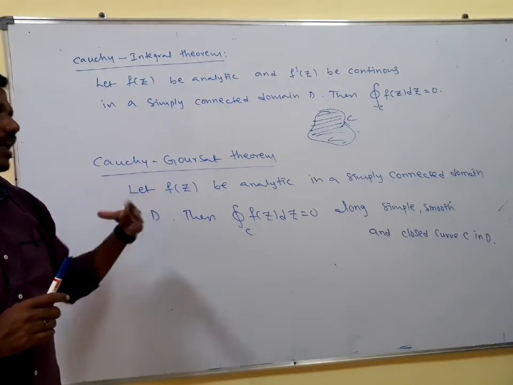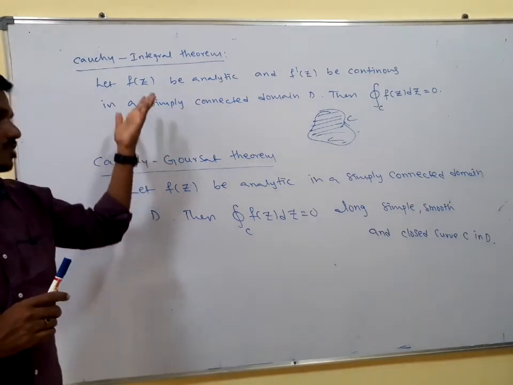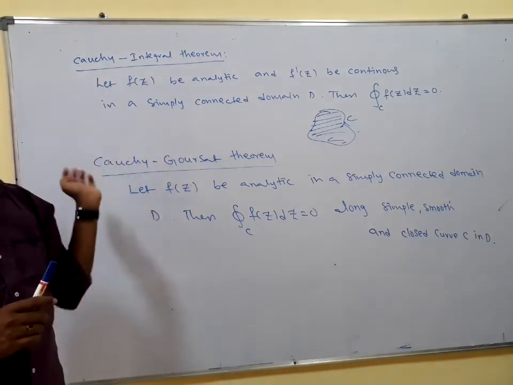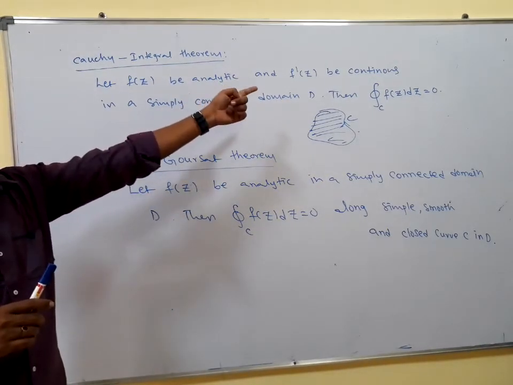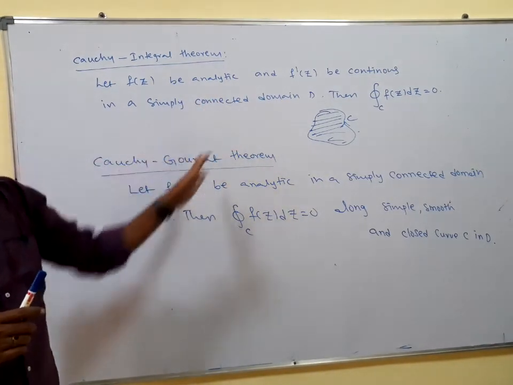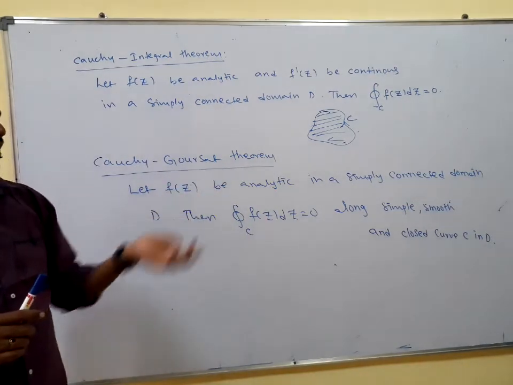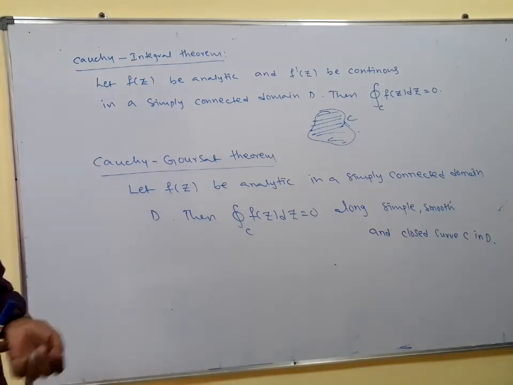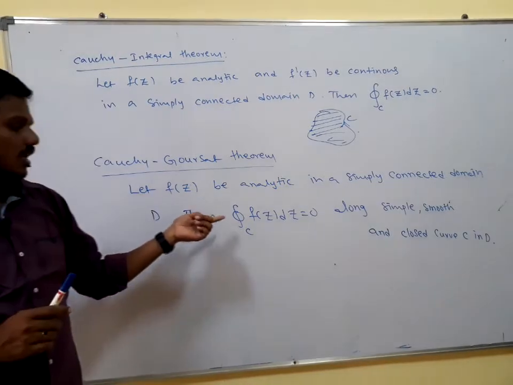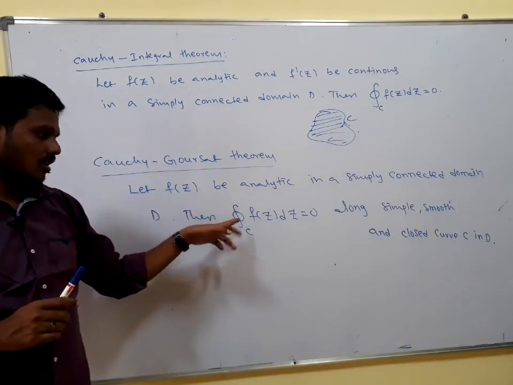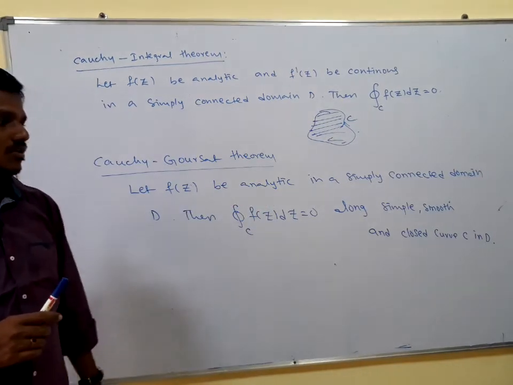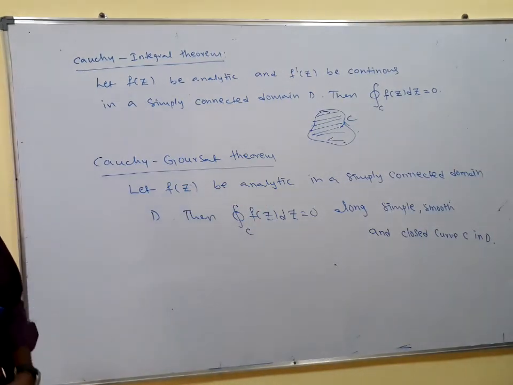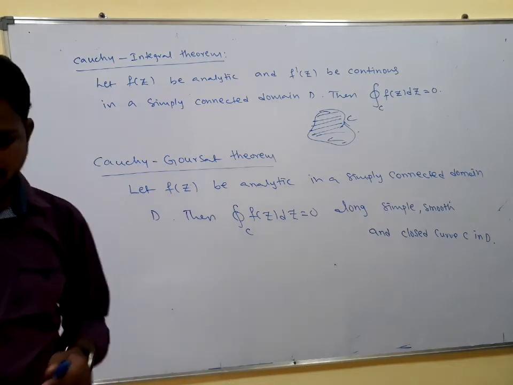Here it is only analytic, right? That is the reason Cauchy's integral theorem can be relaxed. So we don't concentrate on f dash of z being continuous, right? So f of z is analytic in a simply connected domain D, then the closed integral of f of z dz over C is equal to 0, along a simple, smooth and closed curve C in D.